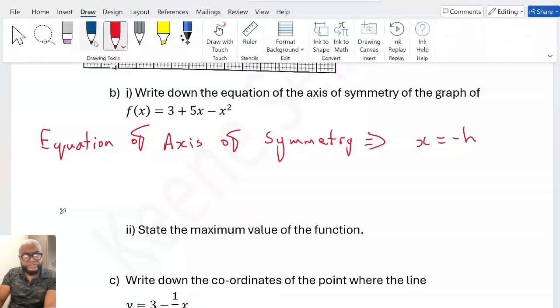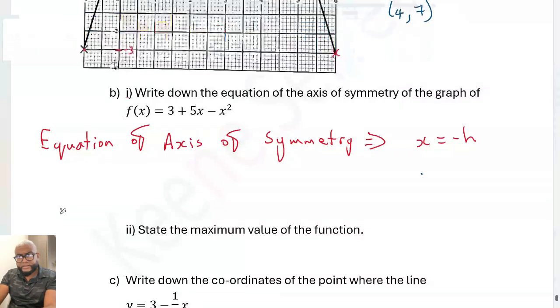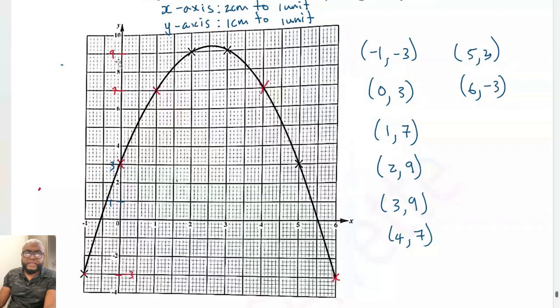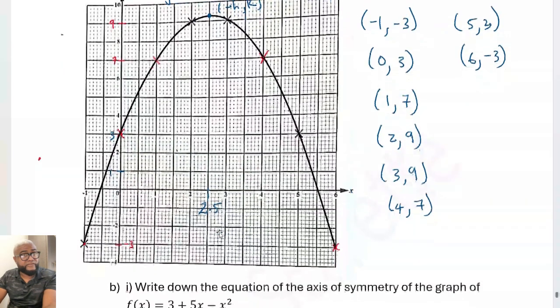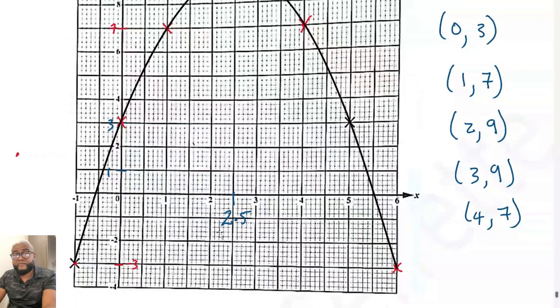Right, so I want to show you all something. The coordinates of negative h will be the coordinates of this point up here, right? This point is actually negative h comma k, which is your maximum point in this case, okay? Now my maximum point, the negative h will be the value of x. And when you come down here, it is actually 2.5. Everybody should have that on their graph, okay?